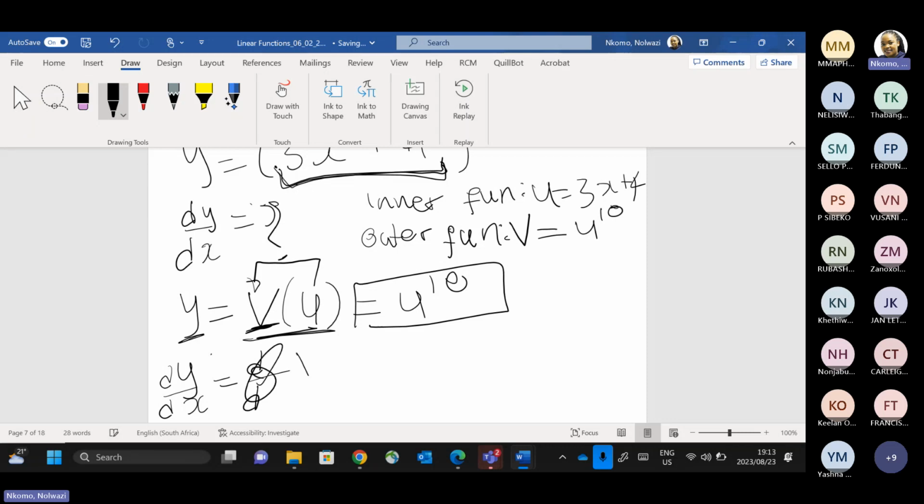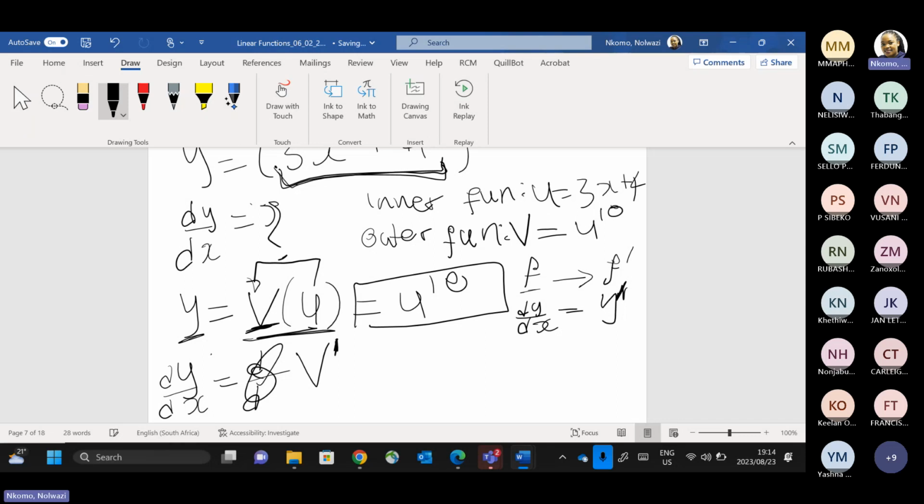I will call it v prime, because the derivative of f is f prime. You can write the derivative of y, dy over dx, as y prime, and likewise the derivative of v as v prime.